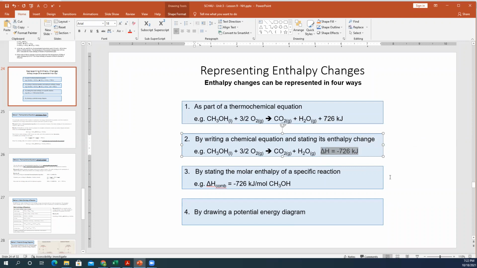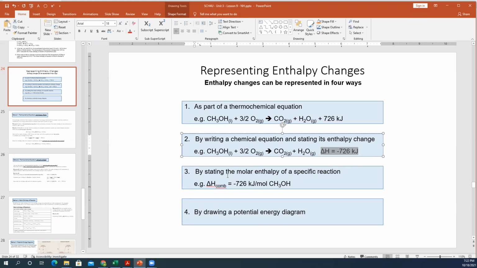This way, it's not part of the chemical reaction. You're writing it on the side, and you're making sure that you give it a negative value here because this is a combustion reaction. Enthalpy change is exothermic, heat is being produced.